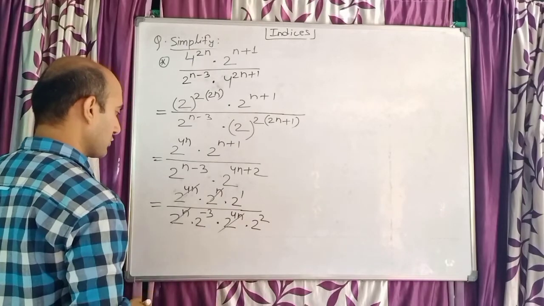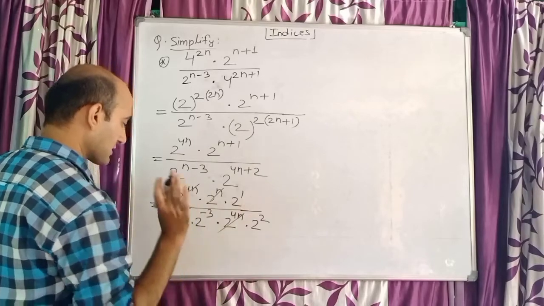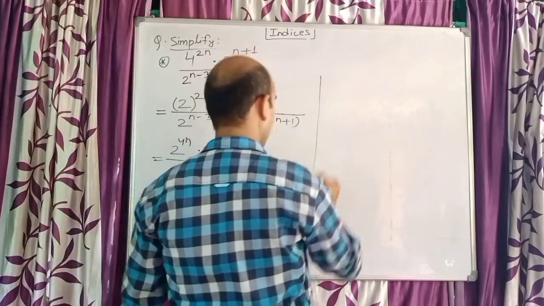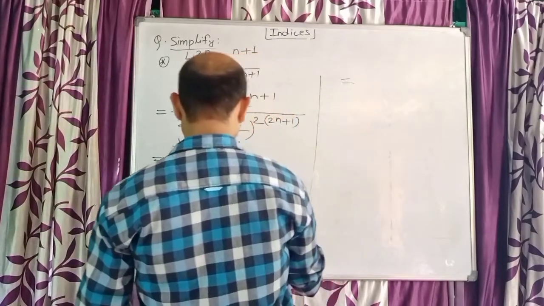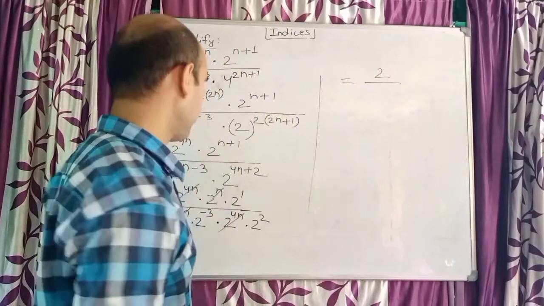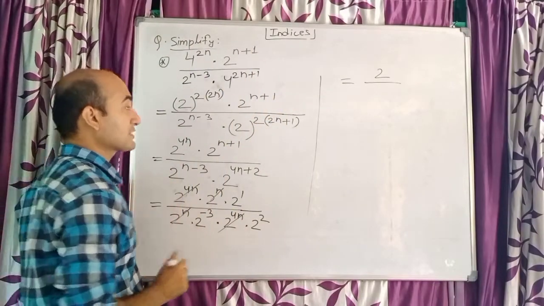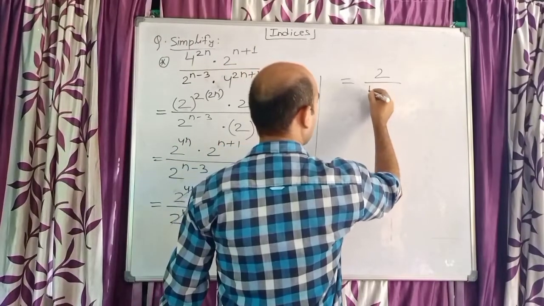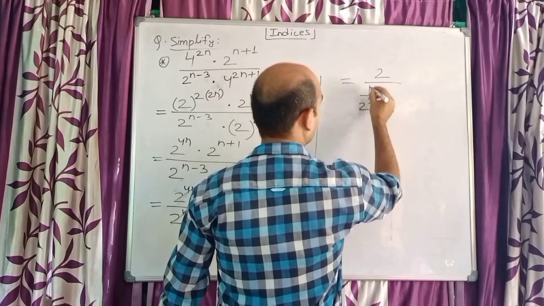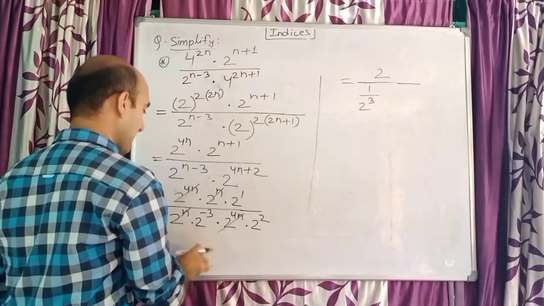Now for the others, 2 power 1 is 2 only, because anything power 1 is the same. But 2 power minus 3 you can write as 1 by 2 cube, because with a minus power, to make it positive, the denominator and numerator change.